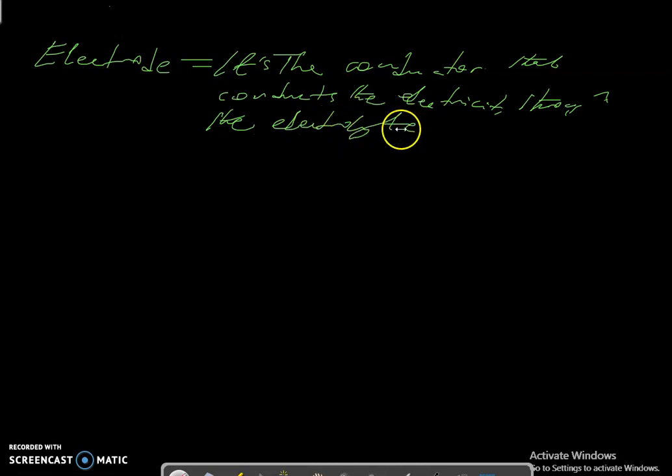Right? So the electrode is the conductor. Now we will look at the setup very soon. It is the conductor that we place in the electrolyte to carry the current through the solution.